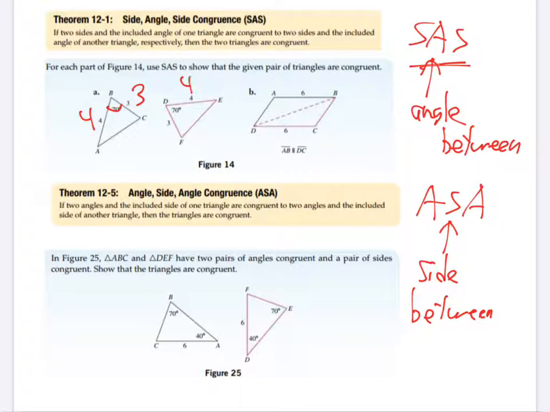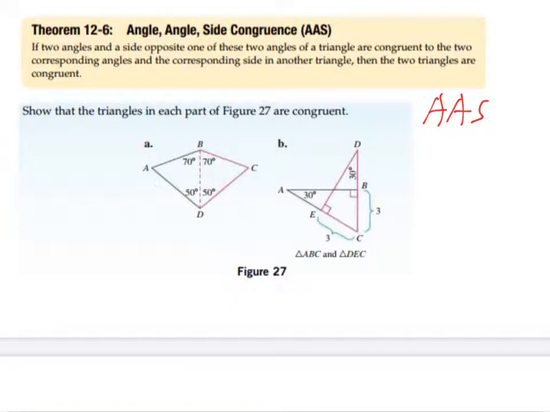And this is a 4 and a 3, and see how that's the angle in between them, right? Whereas in this next one, notice it's angle, angle, side, so that side is not between. That side's on the side, right? That side is not between those angles. It's some other side that's not between them.